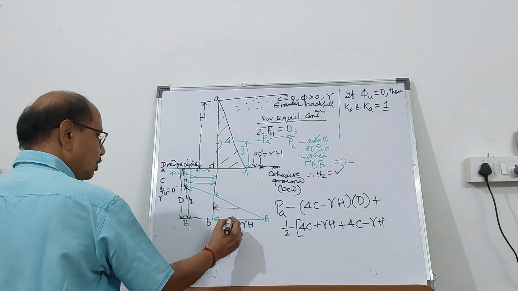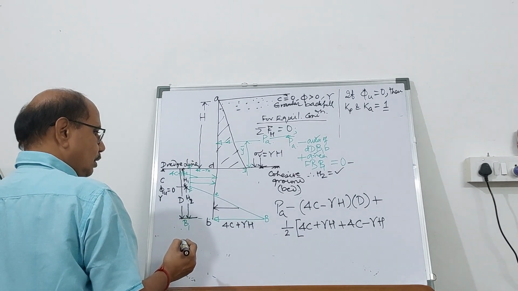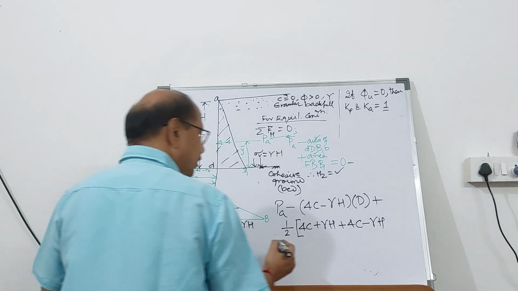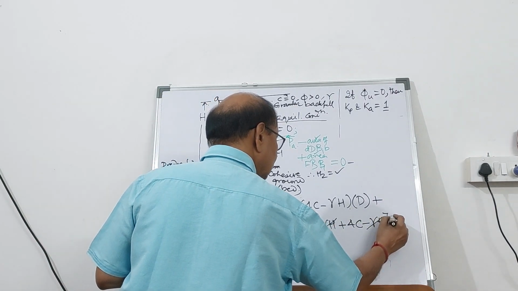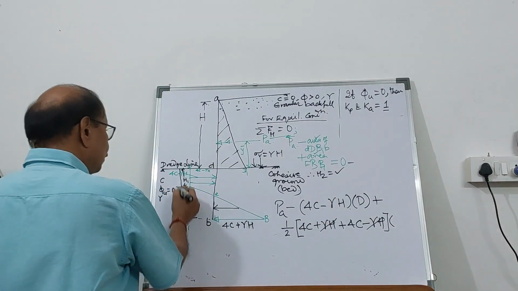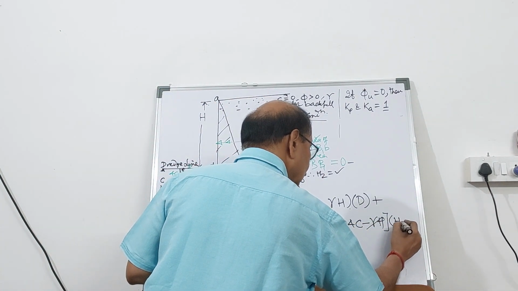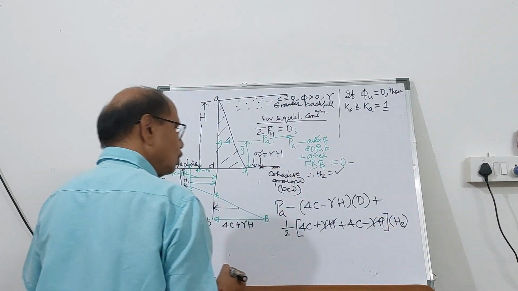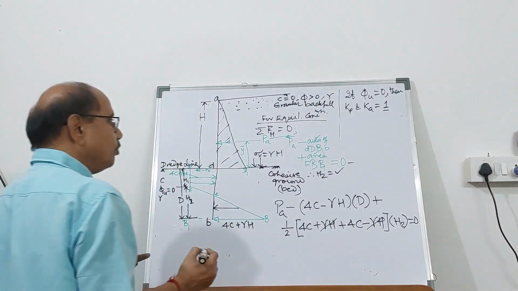That becomes half BB1. So half BB1 into this height H2 must be equal to 0 for equilibrium condition.